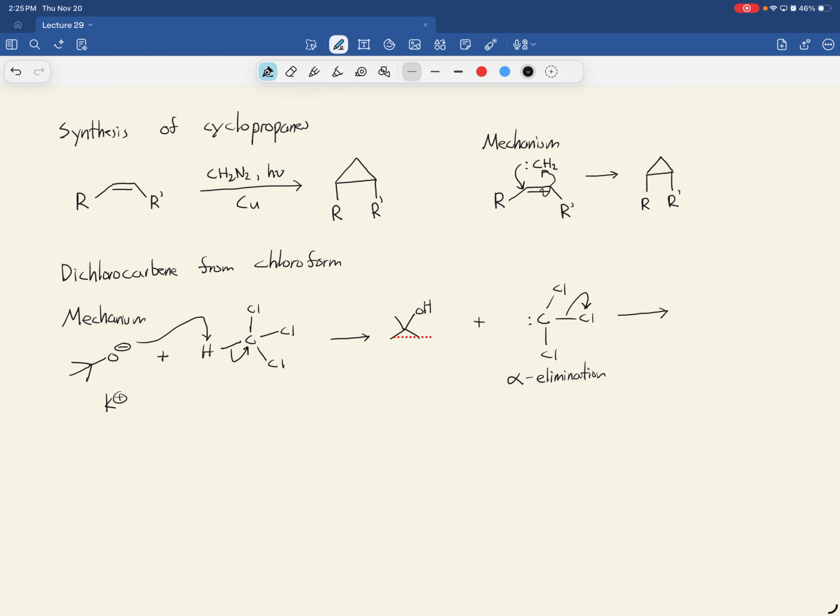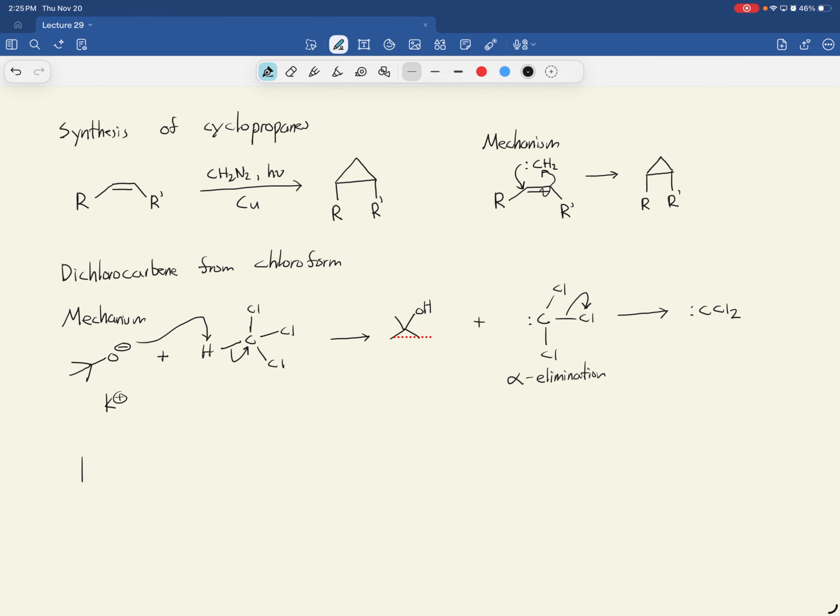So what you get here is the carbene, dichlorocarbene, CCl2, like that. Now, like a carbene like this, instead of two hydrogen atoms, you have two chlorine atoms. So that might be useful for synthesis, okay? So I'll show you an example of how they use this.